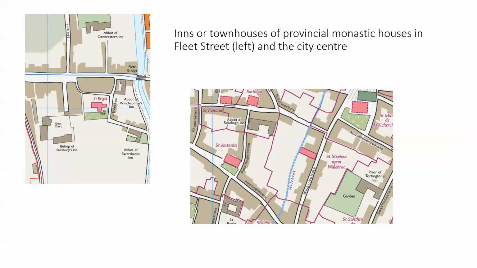Interestingly, over time, it appears that the attraction of Westminster drew several of them into the western suburb, leaving behind only rented property ownership within the city. There are also some non-ecclesiastical inns and halls, landmark features in one way or another. They're often identifiable not so much from their own archive or documentation as from positional references in other sources.